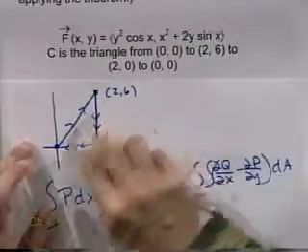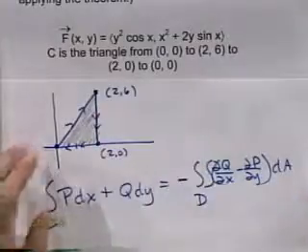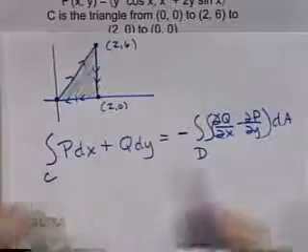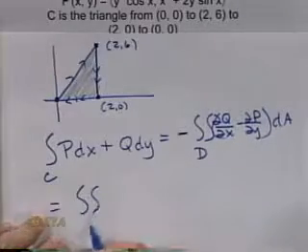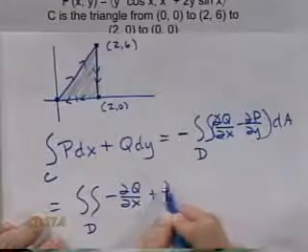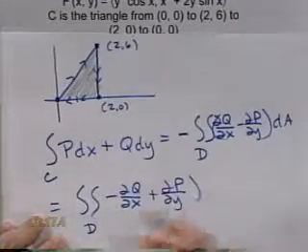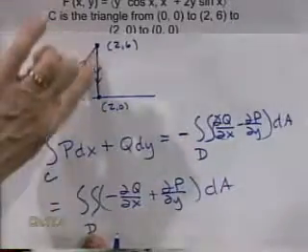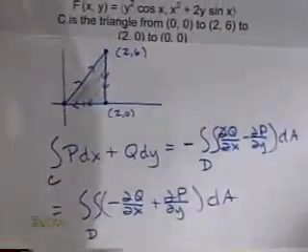Everybody with me? Because this orientation is not positive, it's negative. So to do this, we want to get the integral over D of minus partial of Q with respect to x plus partial of P with respect to y. And the reason we put that minus sign there is that this particular curve is not going in positive orientation, it's going in negative orientation.